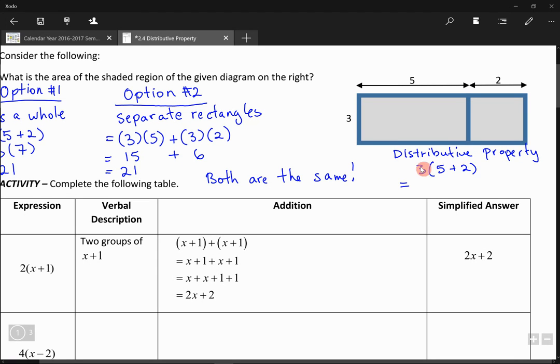Think of the word distribution, like you're giving something away. You have all this stuff outside, and you're going to give it to the other things inside this little room. You're going to distribute 3 times 5 and 3 times 2. So when you're distributing it, you are multiplying it with the terms inside.